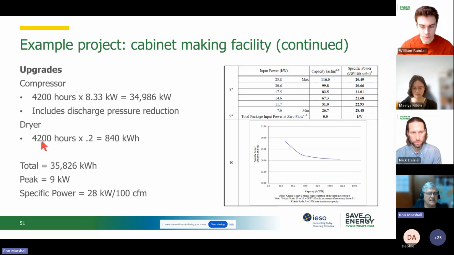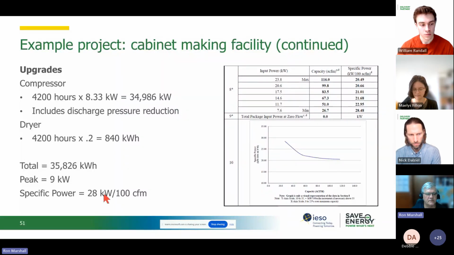We might put in a cycling dryer, right? So this cycling dryer, because it's lightly loaded, would only consume 0.2 kilowatts, right? So we can calculate what the predicted baseline for a new system with a variable speed drive and a cycling dryer would be. The peak is greatly reduced, and the specific power, including the dryer, is around 28 kilowatts per 100 CFM.